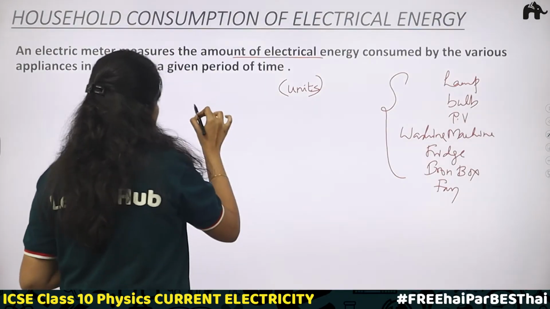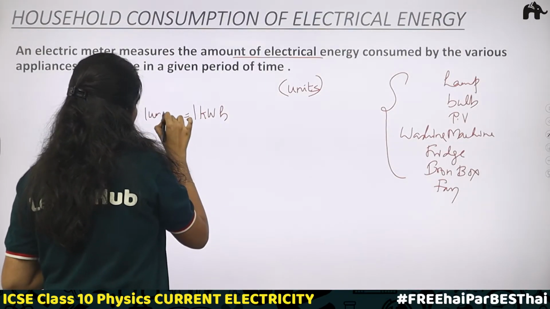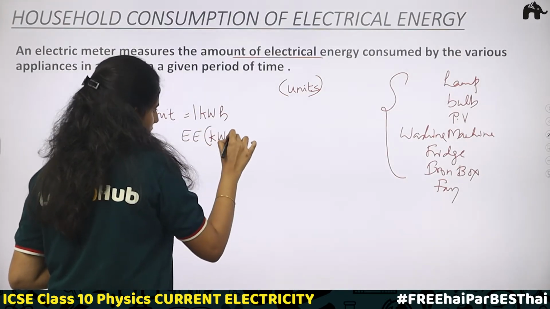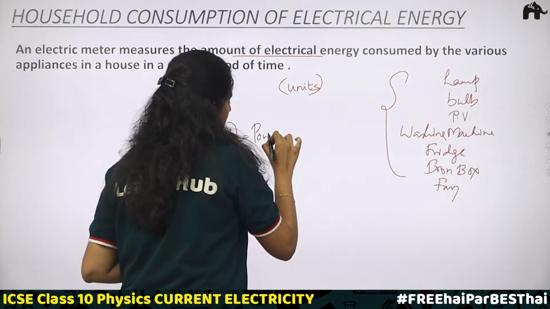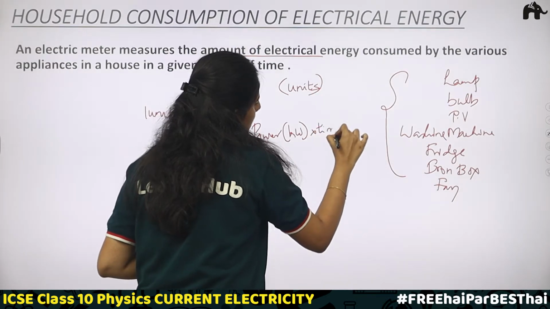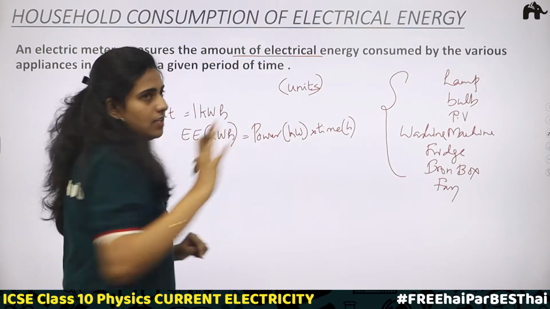Now 1 unit is equal to, as I said, 1 kilowatt hour. If you are expressing the electrical energy in kilowatt hour, which is the usual way, it means the power is taken in kilowatts and time is taken in hours. Power in kilowatt and time in hours.